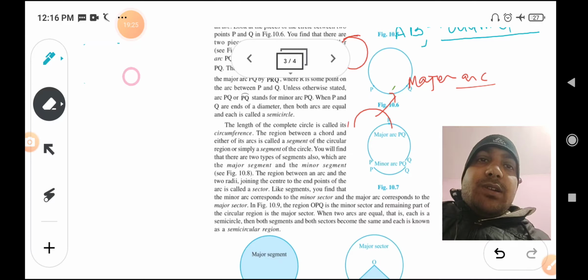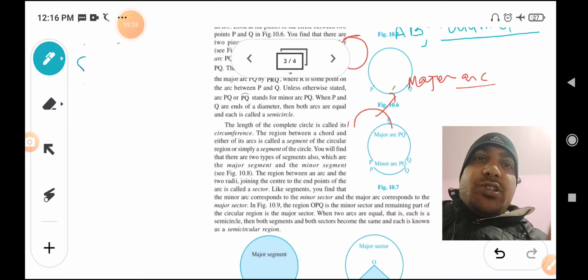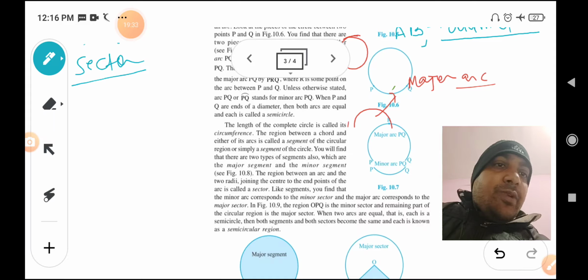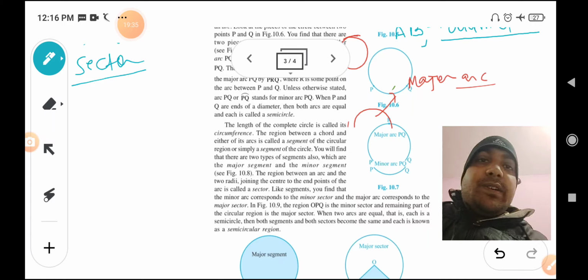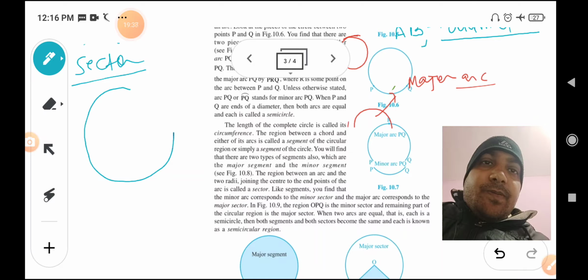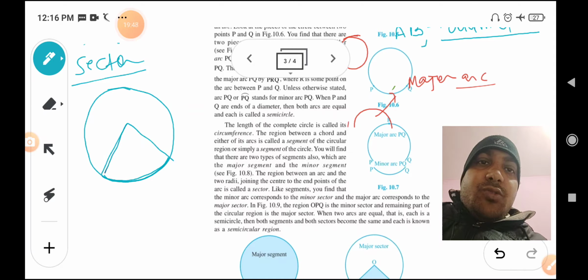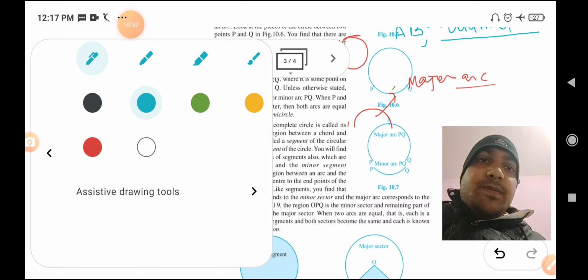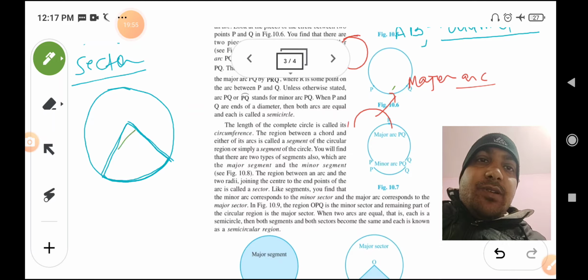See, this is an arc and these are the two radii. So this region is known as a sector.